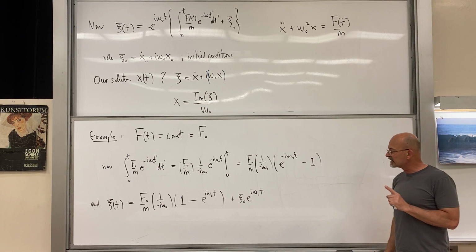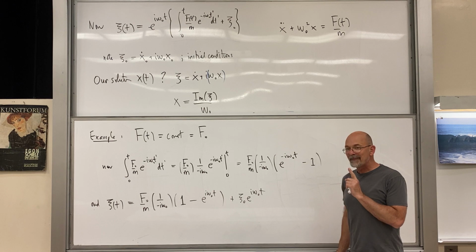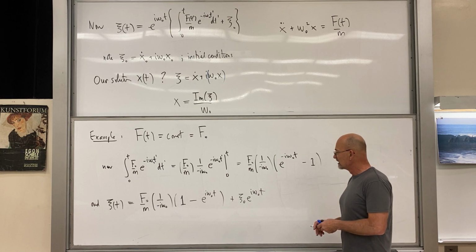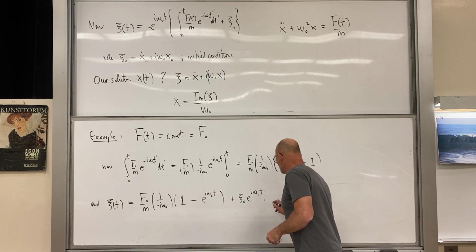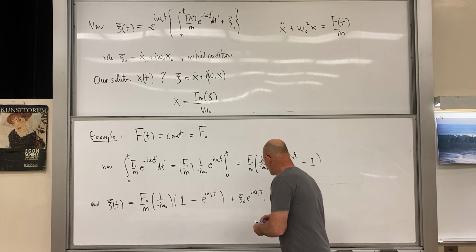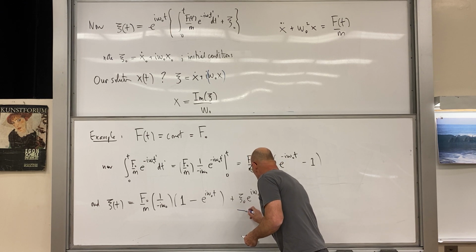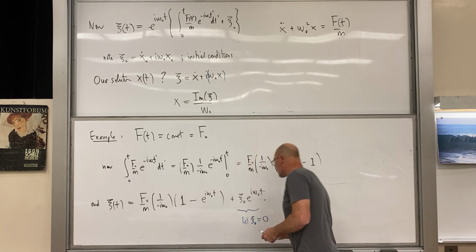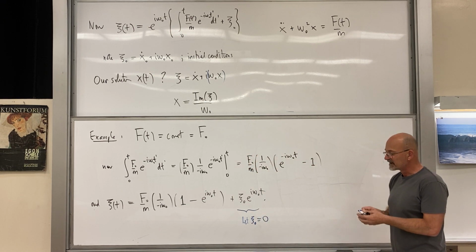So now we're done, except we have to pull out the imaginary part and divide by omega naught. What I'm going to do is let c sub 0 equal 0. Remember, that's just an initial condition.